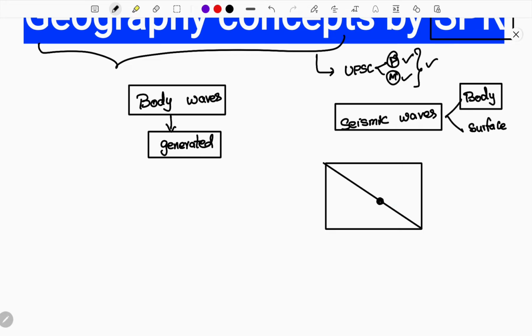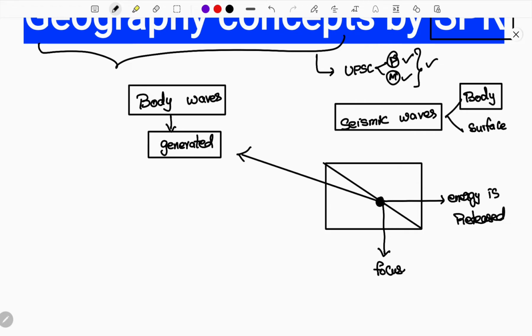It is because of a slip inside the earth, or any other high amount of energy being released in the interior of the earth. The point where the energy is released is called the focus. You know that the point from where the energy is released is the focus. From this point only, the body waves are generated.